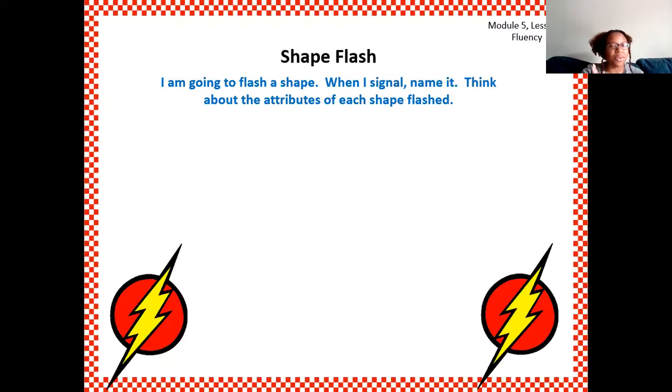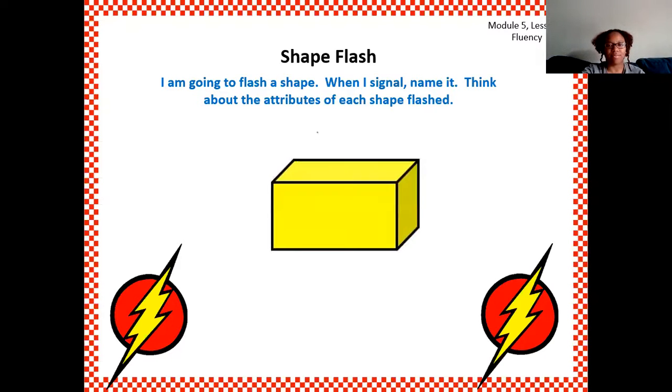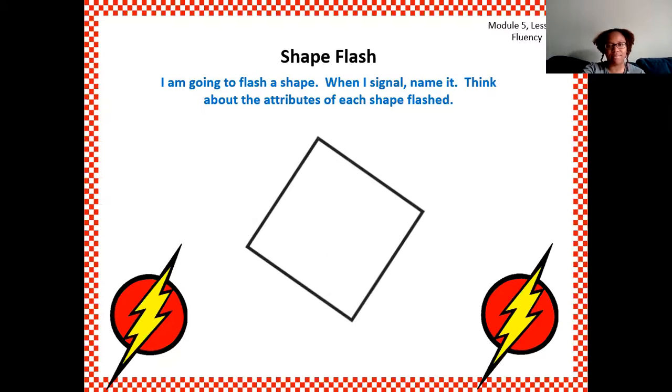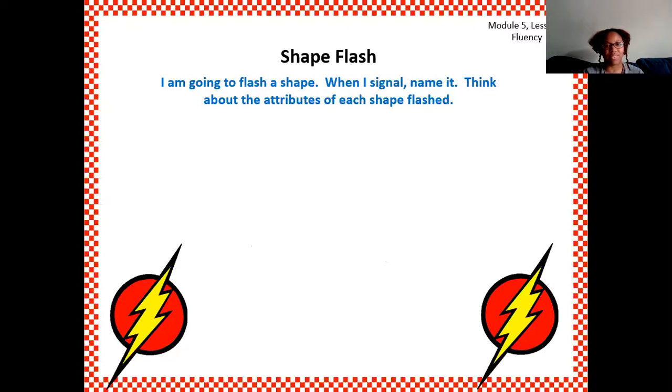Now, I'm gonna give you a hint. I'm gonna throw one more in there, so make sure you remember that word. 3D shape. It was a rectangular prism. Now, don't let this one trick you. I know it was a little slanted or it was sideways, but that one was a square.